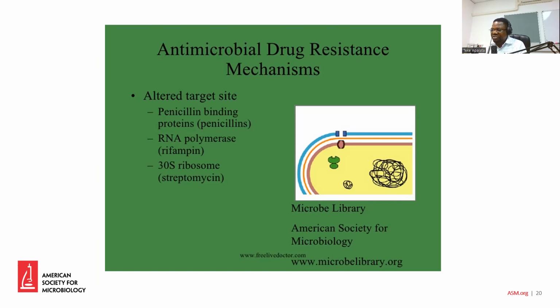When you have a mutation in the mecA gene, there is alteration of the PBP in Staphylococcus aureus, and a PBP2A develops, and your penicillin will not be able to attach to the new PBP, the altered PBP. So as a result, we only use cloxacillin, for example, that is able to attach to the new PBP that is formed. So this is an example of altered target site.